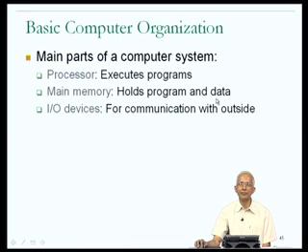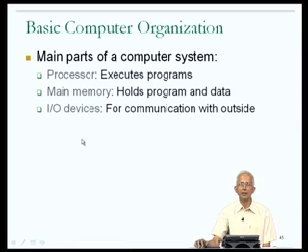Some of the data may have been statically allocated, some of the data may have been heap allocated, some of the data may have been stack allocated, depending on the lifetime of that data. But all of that data and all of the instructions must be present inside the computer in order for the instructions to be executed by the processor. And therefore, the main memory is a very important part of a computer, because that is where the program and its data reside when the program is executing.